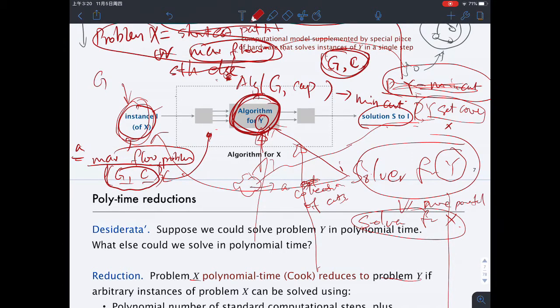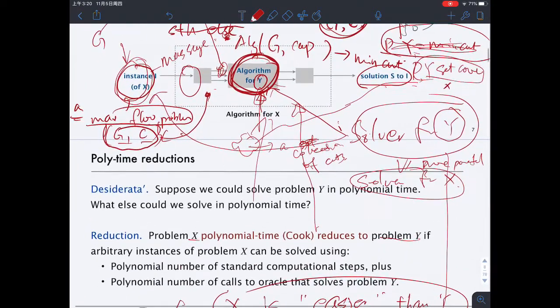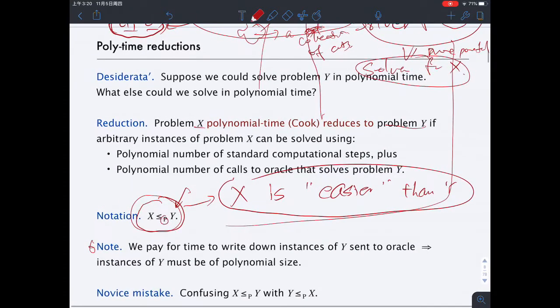At this moment you don't need to know what set cover is; you just need to know that the input to set cover is different from G. But we need to leverage the solver for set cover to solve the graph problem, so some massaging is needed to translate G into an input format acceptable to the set cover solver. After we do the translation, the input instances need to be fed into the algorithm for y. The notes here mention a little bit of the technical details.